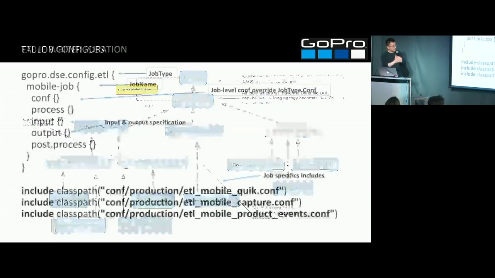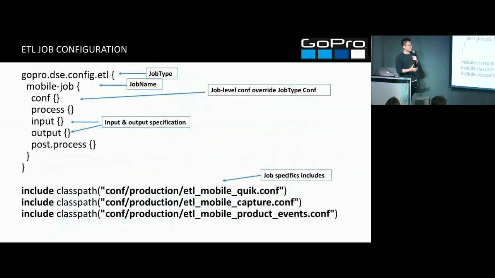As I said, this is a code-free process. Basically, we already have all that set up. So whenever there's a new request to ingest data, we only need to add a new configuration. We don't need to write code. This is what a sample configuration looks like. There's the job type, which is ETL in this case, and the job name, and the conf part, which has some Hadoop configuration because we're running our jobs on the Hadoop ecosystem, and a Spark configuration.